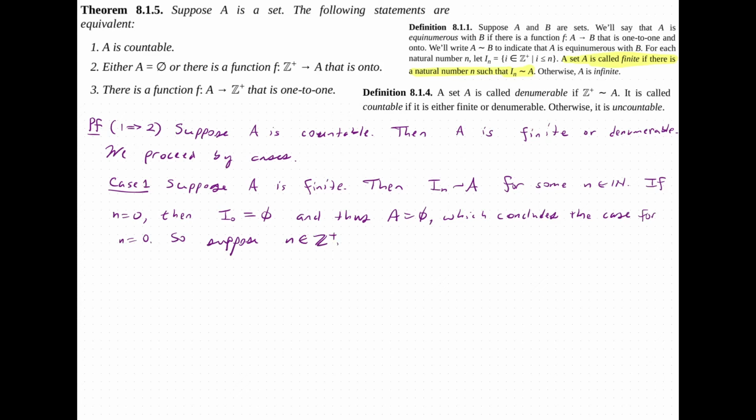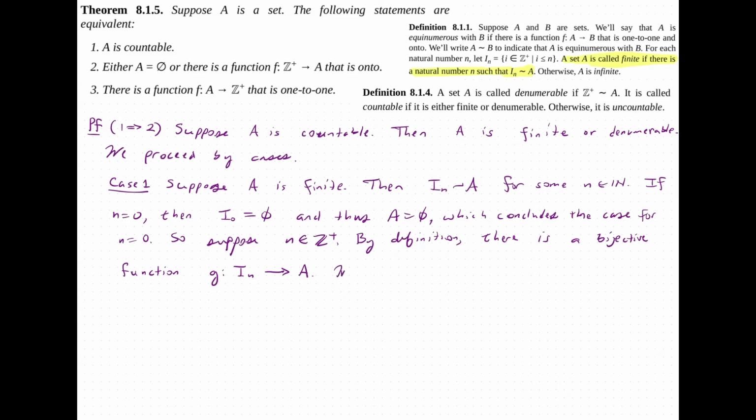Now, we know that I sub n is equinumerous to A. So by definition, there is a bijective function g going from I sub n to A. And now what we are going to do is construct a function that is onto, from the positive integers to I sub n.